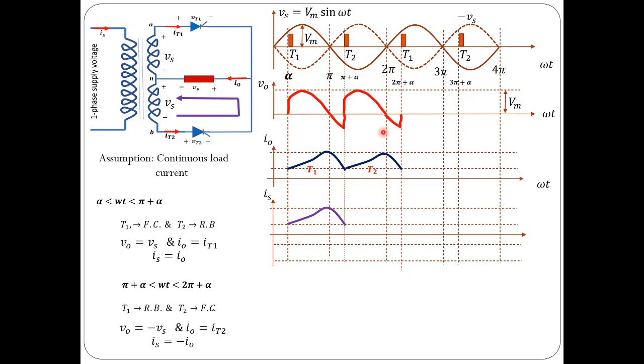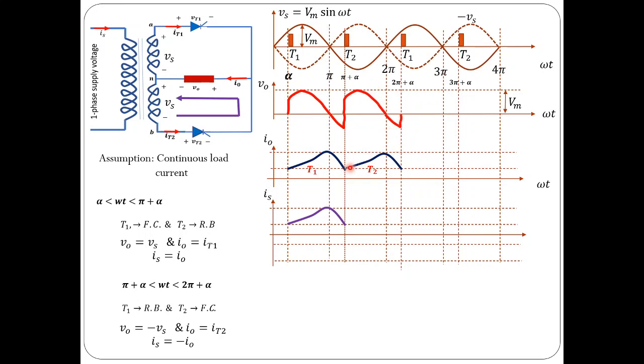That is due to the nature of the load. Whenever the load is inductive in nature, there is a possibility of having negative voltage for a certain amount of period. So that is shown here. Now the current would follow a similar shape to that from alpha to pi plus alpha. A similar shape you will have from pi plus alpha to 2 pi plus alpha also, because we have a similar voltage pattern applied across the load.